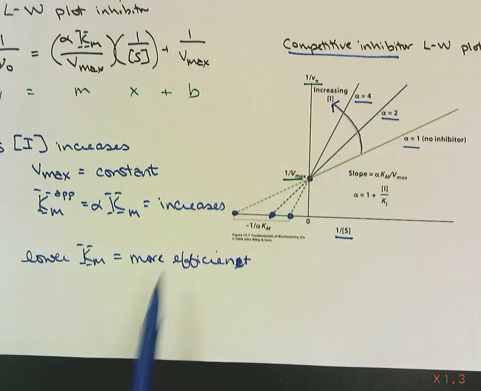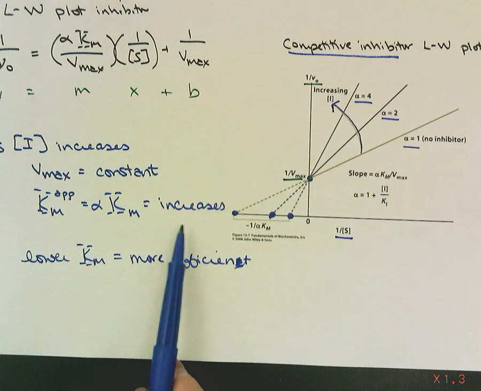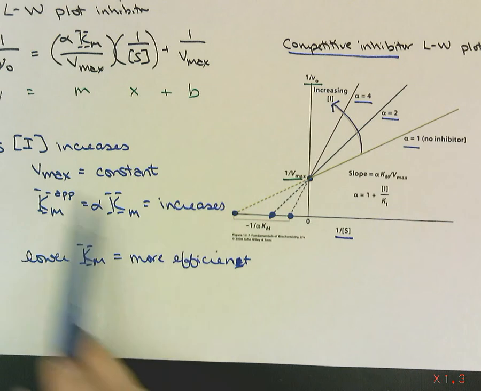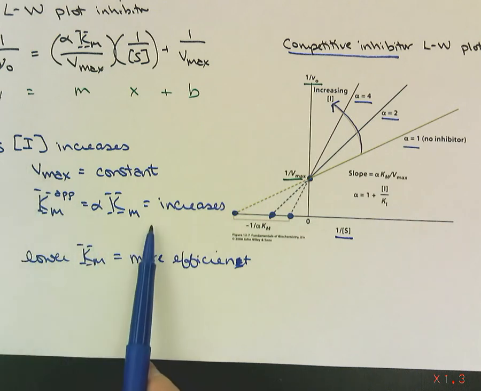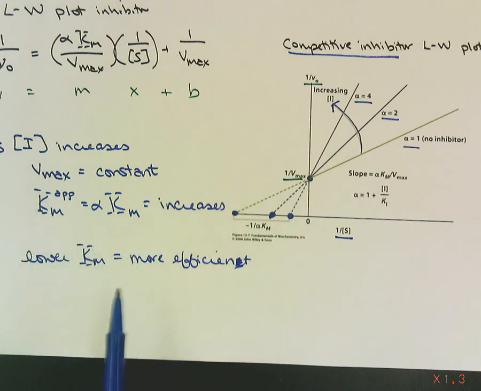So now if I'm moving to a larger value of Km, it's less efficient, which makes sense. Km increases with increasing inhibitor, which tells me that my enzyme is not acting as efficiently as it would have been without the inhibitor.